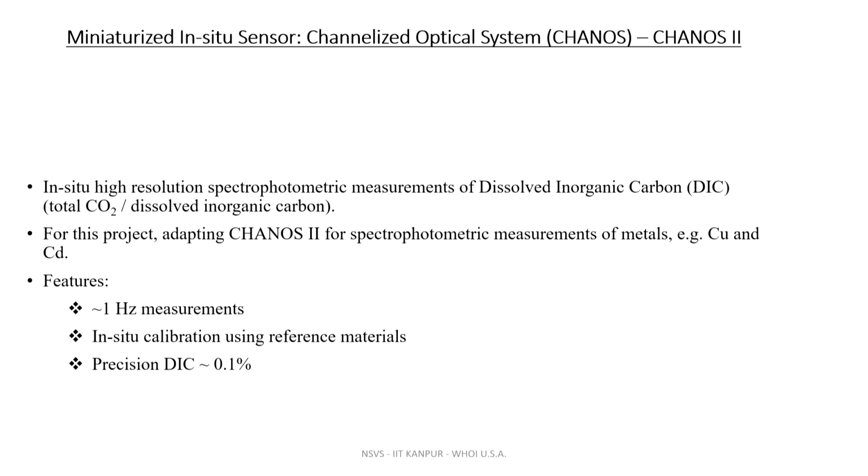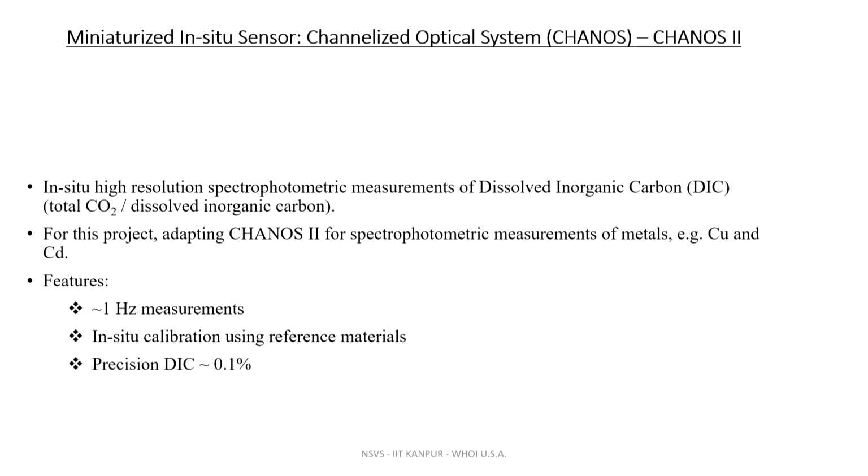So spectrophotometric measurement is where you collect the light that is reflected back from the water, and from the spectroscopic study of it we try to see whether there is inorganic carbon dissolved in the water, because if there is a high degree of dissolved inorganic carbon, that would mean there is a high presence of decayed animal and plant parts, pollutants, organic matter, etc.